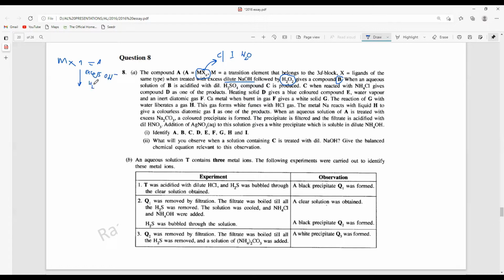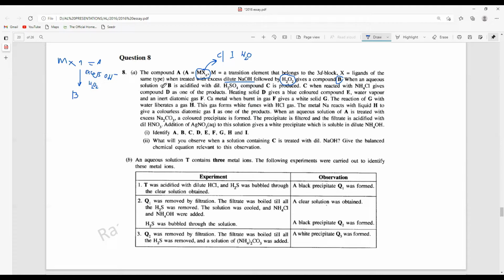You should be able to imagine what is happening when you add H2O2. Something is happening to this elemental compound. It can be either oxidation or reduction. Okay, so this forms compound B.